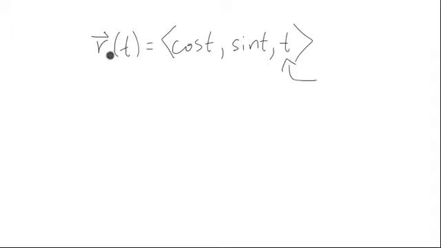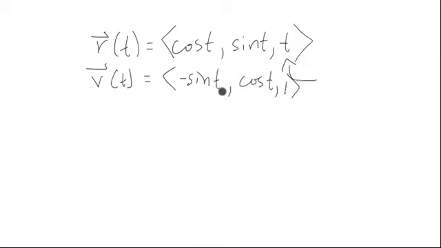So let's think about how to compute the curvature of this using the idea that we talked about, at least the definition that we gave in the last video. So to do that, let's first find v. So v is just the derivative of this, which is negative sine t, cosine t, and then it's 1. All right, now we can find the length of this.